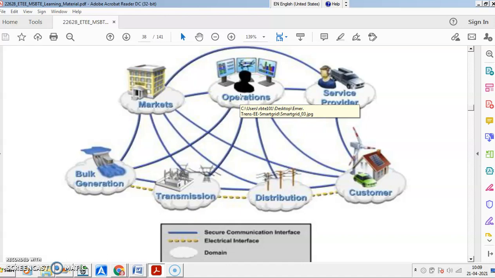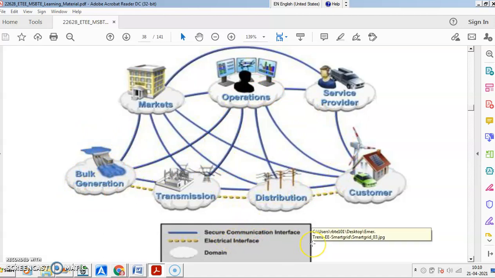These are the conventional parts, the conventional grid. Now there is a two-way flow, that is, communication. In addition, the smart grid components are markets, operators, and service providers, which use secure communication or a secure interface.